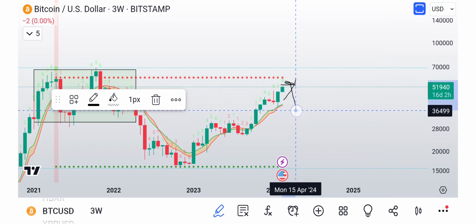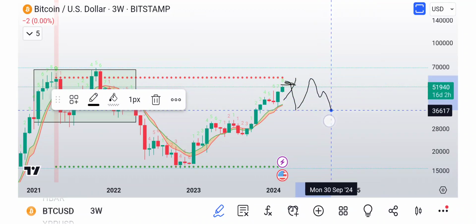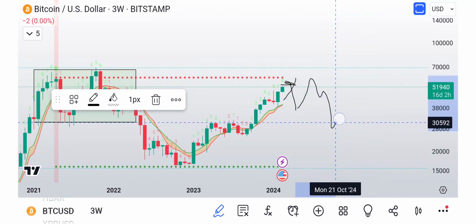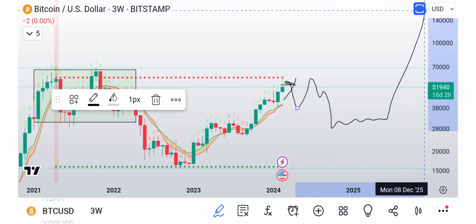Then we crash after a couple weeks, actually about a month. Then we come back up, then we come back down. Then we go down, then we go into reaccumulation, and then we go to a new bull run.